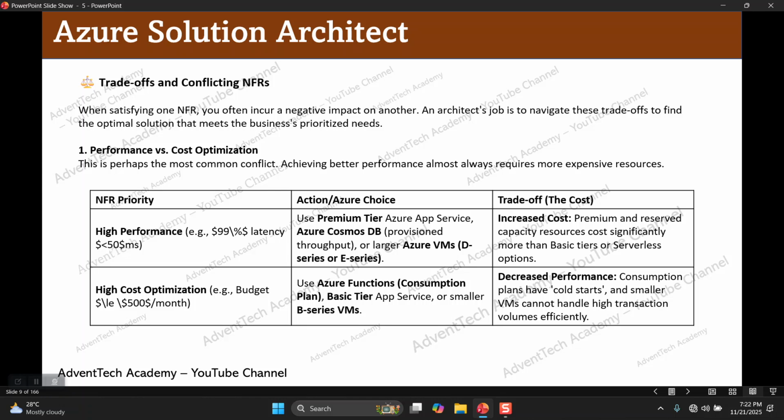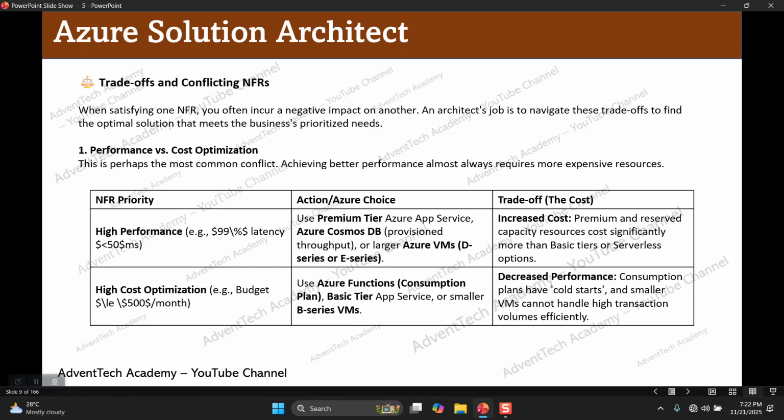Let us take performance with cost optimization. During cloud infrastructure design, it is the most common conflict. Achieving better performance almost always requires more expensive resources. So if the NFR priority is high performance, for critical systems, critical projects, critical environments, we should use the premium tier for Azure App Service.